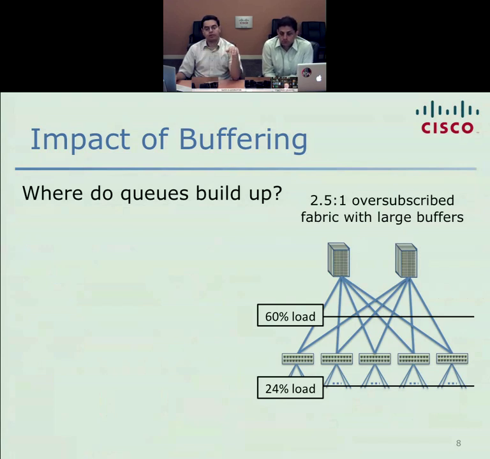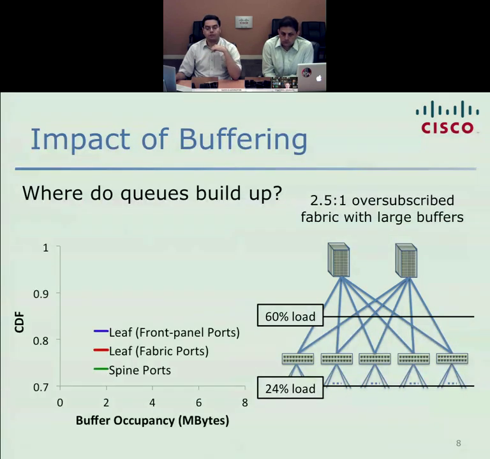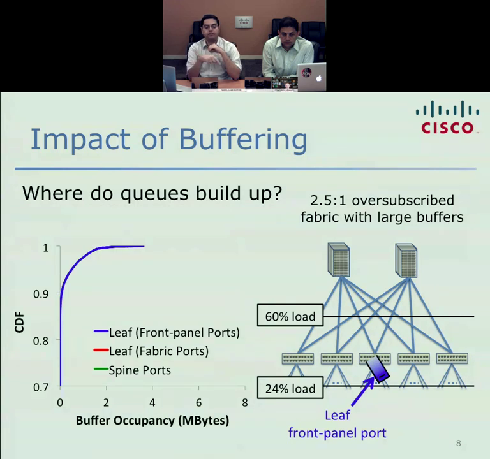The workload here is one that on average generates about a 60% load on those fabric links. Of course, because of the oversubscription at the leaf layer, it's going to have a smaller load at the edge of the network. To start with the front panel ports, which are the ports attached to the servers, this is the distribution of the buffer occupancy across all of these ports.